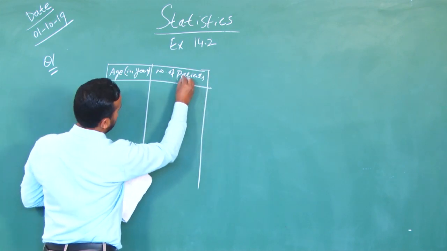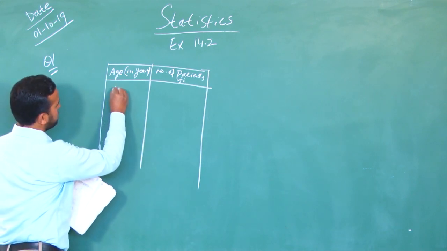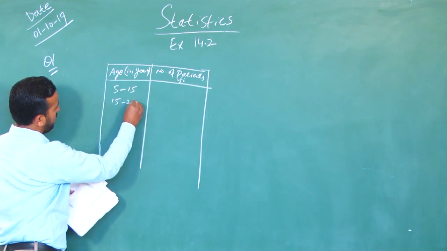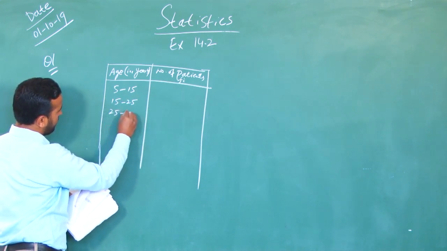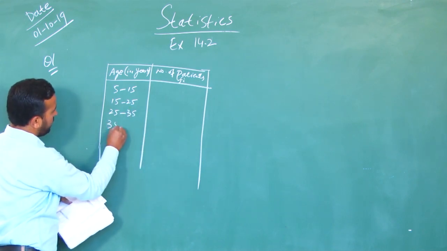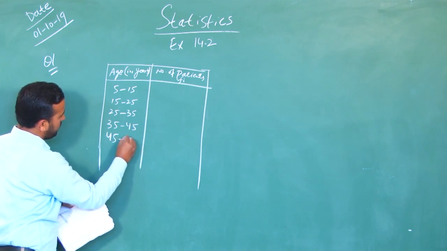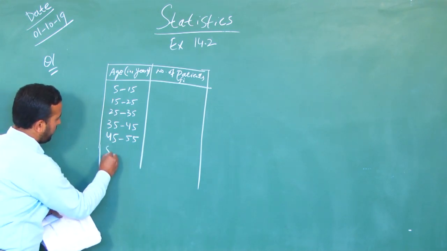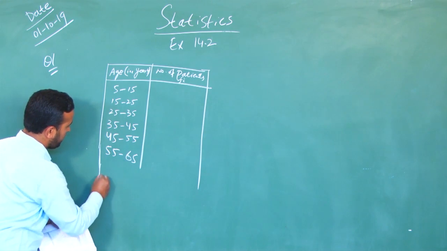That is, we denote by Fi. Age in years starts from 5 to 15, then 15 to 25. The gap of 10 is maintained, so it is 25 to 35. Then we have 35 to 45, then 45 to 55, and at last we have 55 to 65. That is the last value.